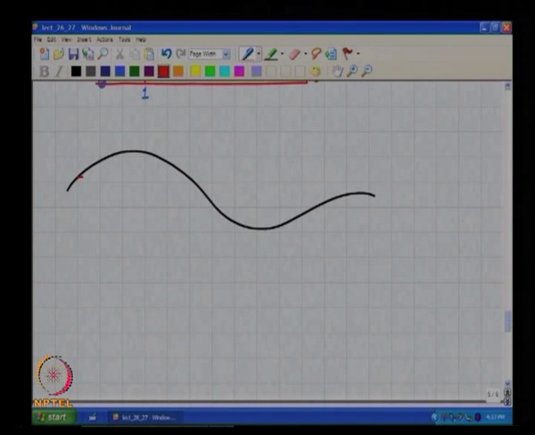So, what I want to point out is that whether you have the signal like this or some signal like this, all right, it really does not make much of a difference, you understand.